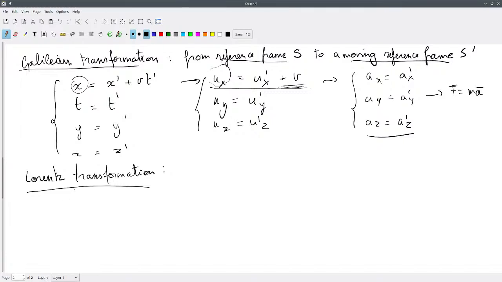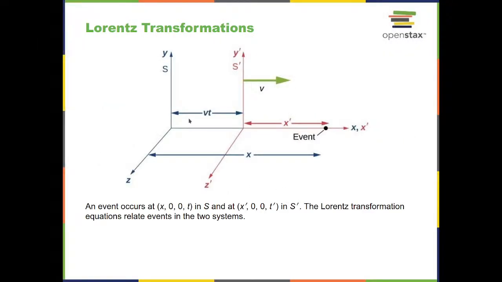So let's imagine we have a pulse of light that starts at the origin of reference frame S, our fixed reference frame. At the origin, there's a pulse of light that gets emitted. After a time t in the fixed reference frame, the pulse of light will have reached a distance of c times t.